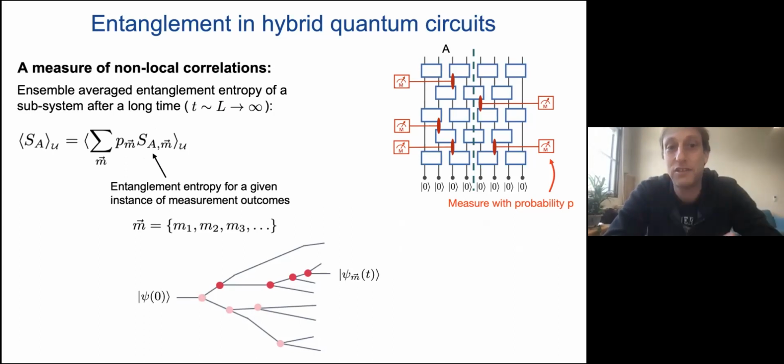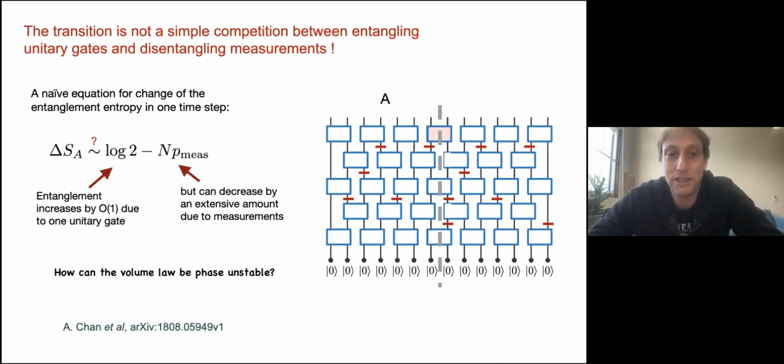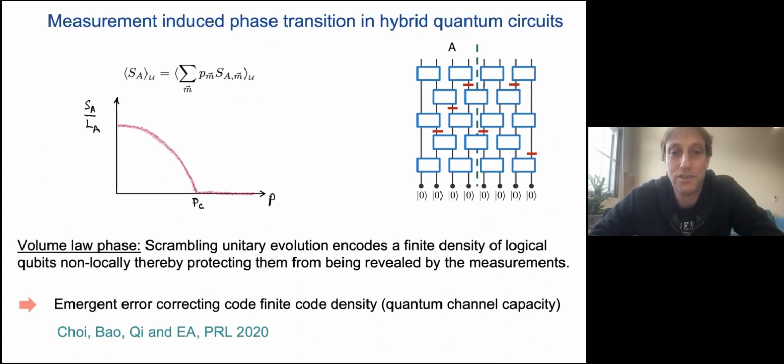But since the entanglement entropy is a nonlinear object in the density matrix, it's completely different from an open system. That really measures the typical behavior in single trajectories. I'll come back to that in a minute. Thanks for the question.